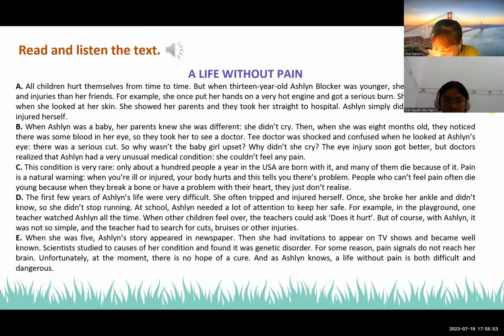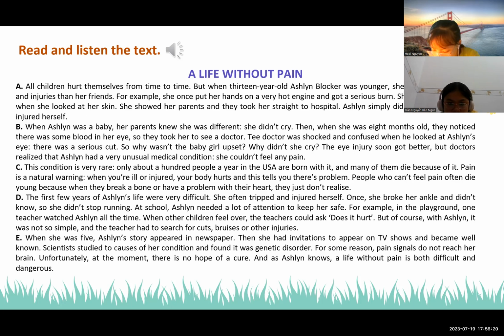The first few years of Ashlyn's life were very difficult. She often tripped and injured herself. Once, she broke her ankle and didn't know, so she didn't stop running. At school, Ashlyn needed a lot of attention to keep her safe. For example, in the playground, one teacher watched Ashlyn all the time.